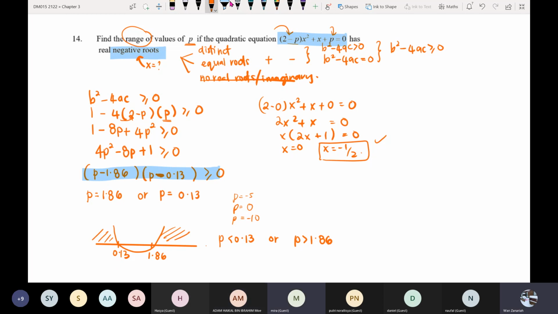Betul. So that's why cikgu highlight kan, negative roots ini bukannya nilai P. Roots ini adalah the X values. Bila you masukkan any values of P in between our range ni lah, dalam range kita. Okay, katalah you ambil P yang lebih besar daripada 1.86.